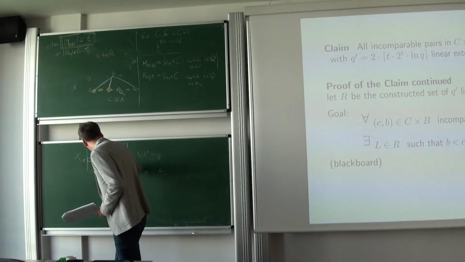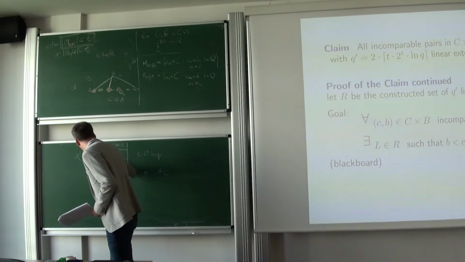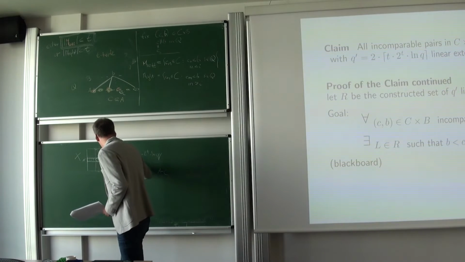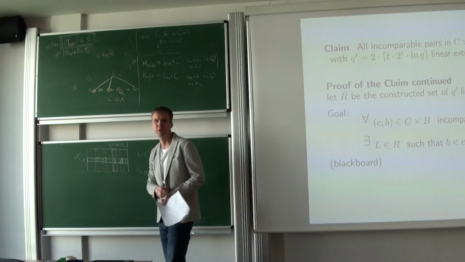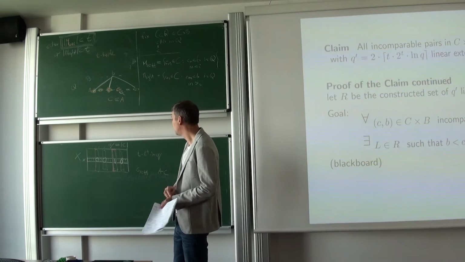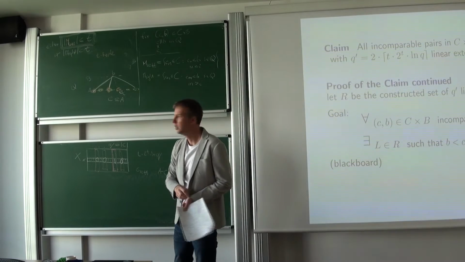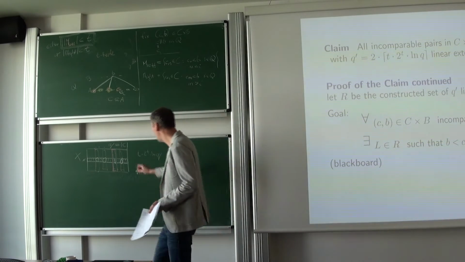This is what I want. And my row is good if I have 0 here, 1 here, and 0 here. I don't care about the other entries. Okay, and now we have this row X.